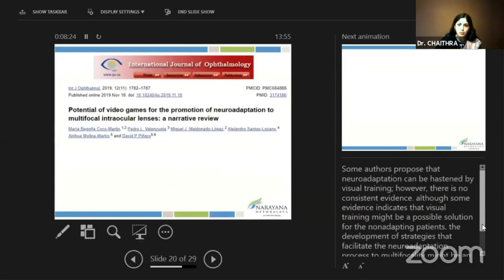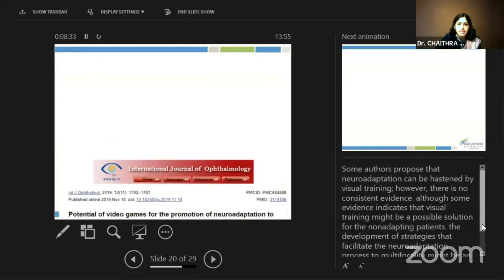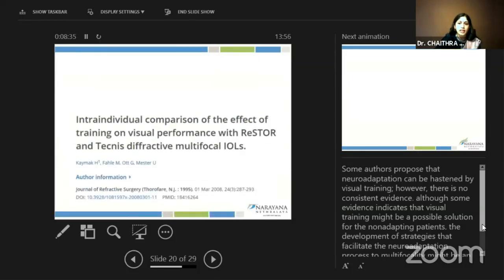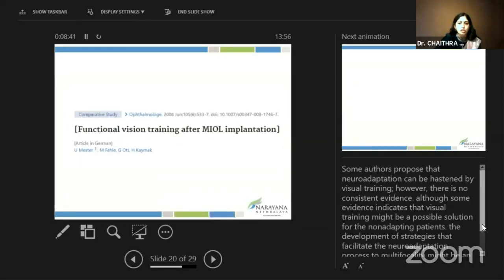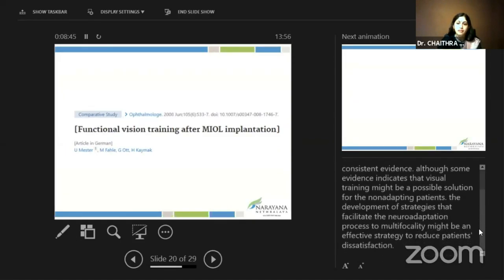So some authors propose that neuroadaptation can be hastened by visual training. However, there is no consistent evidence, although some evidence indicates that visual training might be a possible solution for the non-adapting patients. The development of strategies that facilitate the neuroadaptation process to multifocality might be an effective strategy to reduce patients' dissatisfaction.